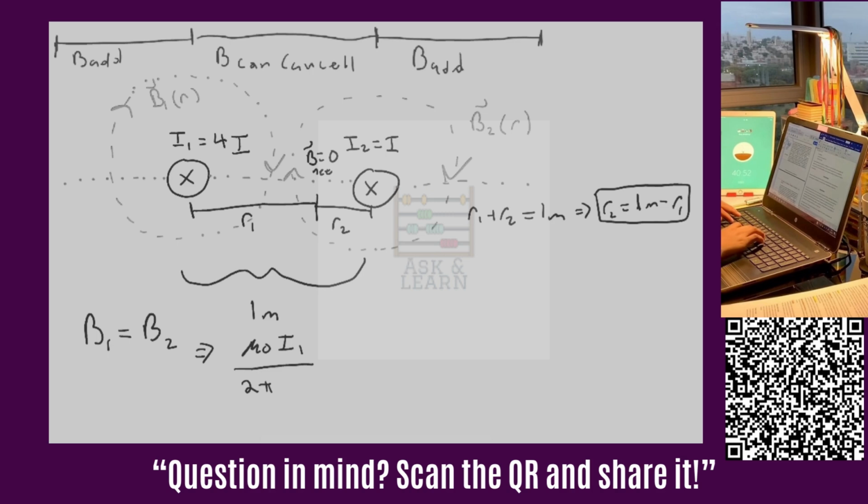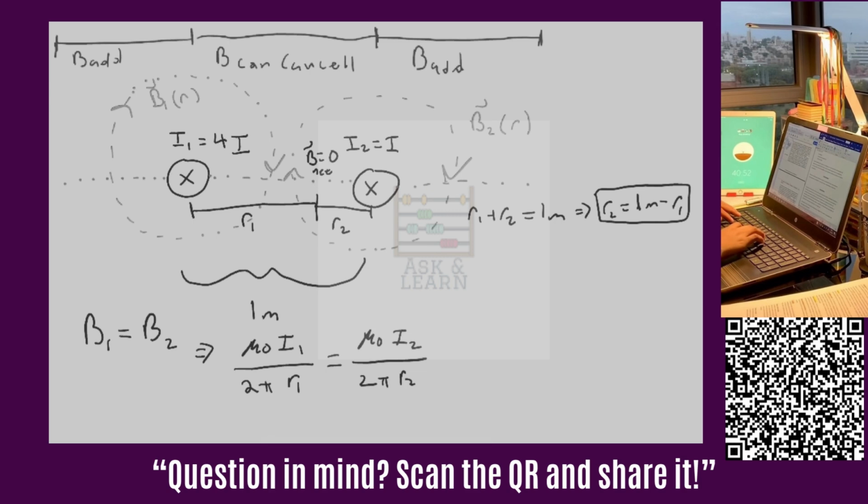In that case, the distance from wire 1 to the place we care about is R1, right? This distance here. Now, we have that equal to the magnetic field created by wire 2, which is going to be mu naught times the current through wire 2 divided by 2 pi times the distance from wire 2 to the location we care about, which is R2.